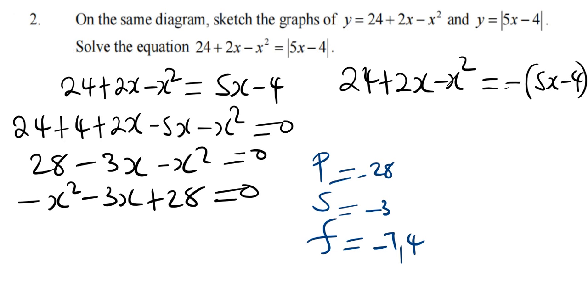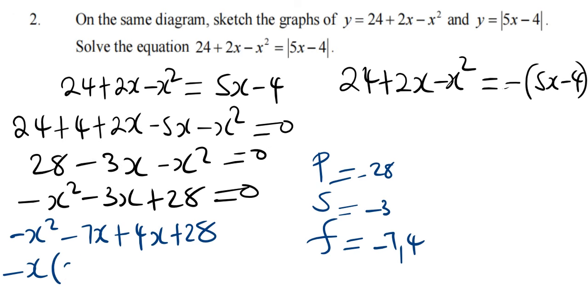Then we just replace where we have 3x. So I'm going to have negative x squared, negative 7x plus 4x plus 28, which is equal to 0. Then I'm supposed to factorize. I'm going to factorize out the negative x, and I'm going to remain with x minus 7. Actually, x plus 7, because of the negative we put there.